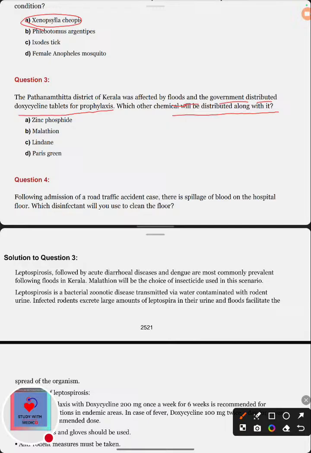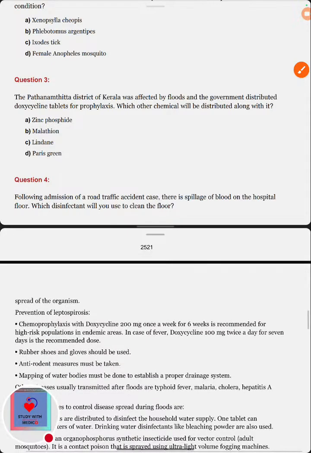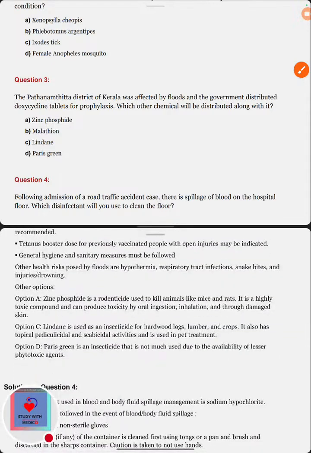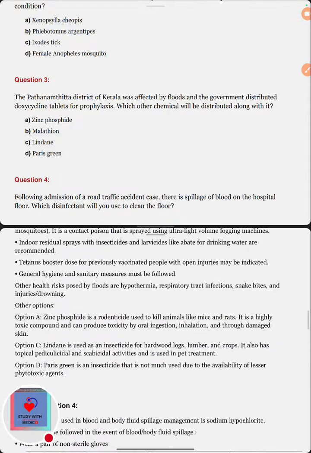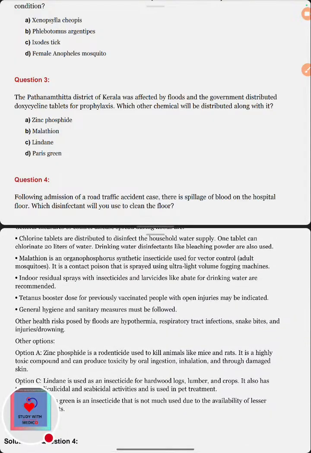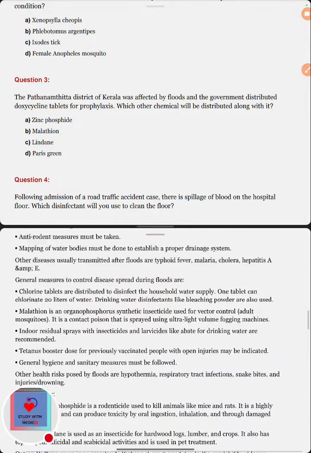So the question is, in floods they were giving doxycycline. What else can they distribute along with the doxycycline?